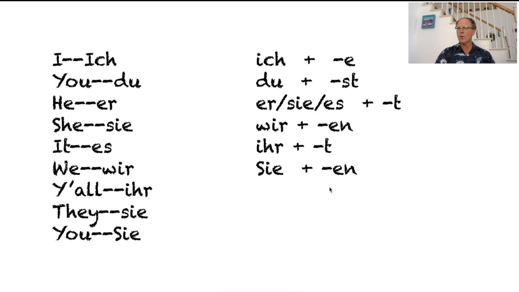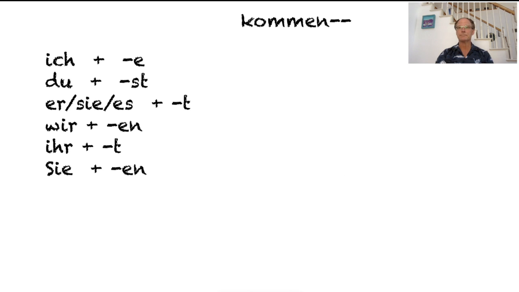So in German, all you have to do is add the corresponding ending to the verb stem of any given verb, and you can conjugate almost any verb in German if you know the endings that you add.